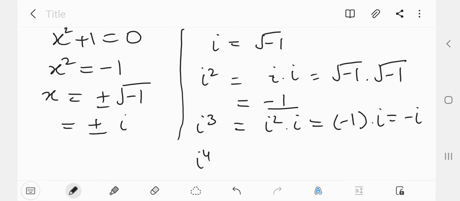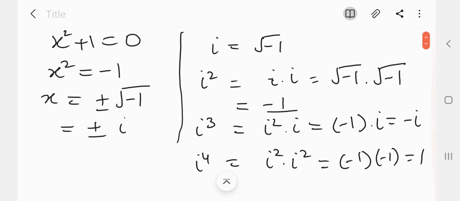The value of iota 4 is equal to iota square into iota square, which is minus 1 into minus 1, equal to 1. Therefore, iota is the square root of minus 1, iota square is minus 1, iota 3 is minus iota, and iota 4 is equal to 1.